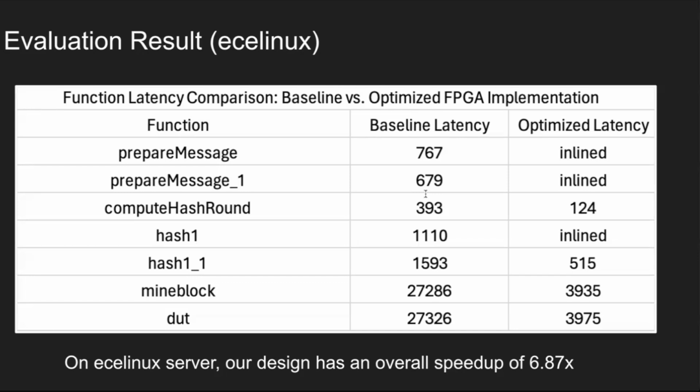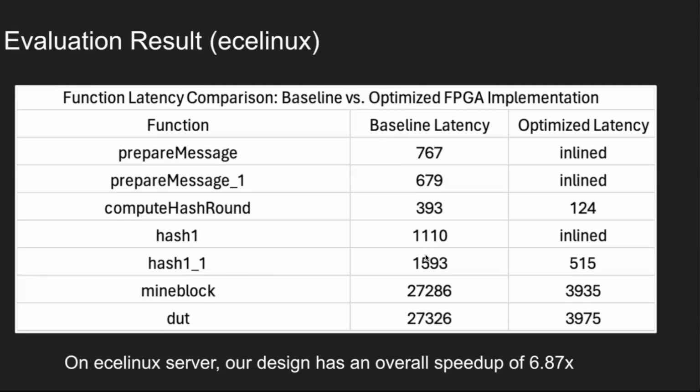And for hash 1 and hash 11, for hash 1, the function was fully inlined. For hash 11, we achieved a significant latency reduction from a total of 2703 cycles by adding up the baseline hash 1 and hash 11 to 515 cycles, which is a 5.25 speedup by optimizing the execution.